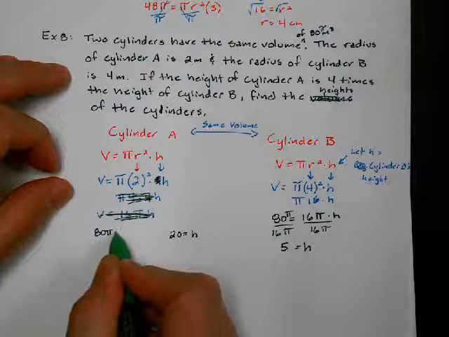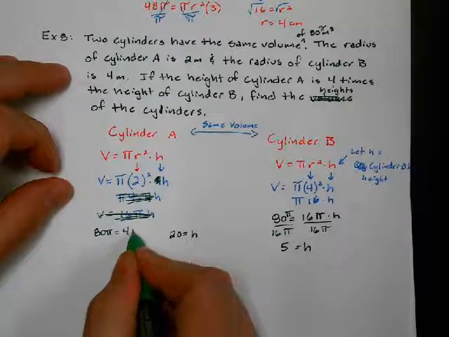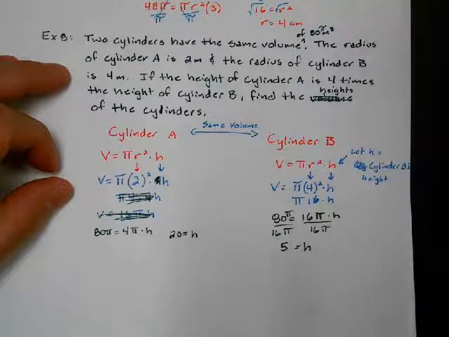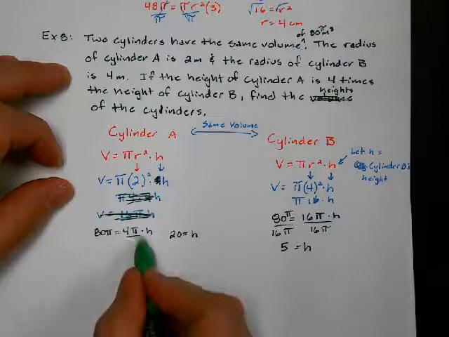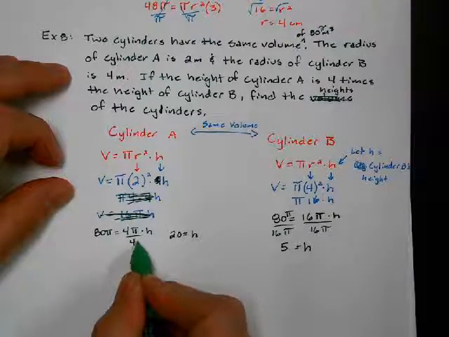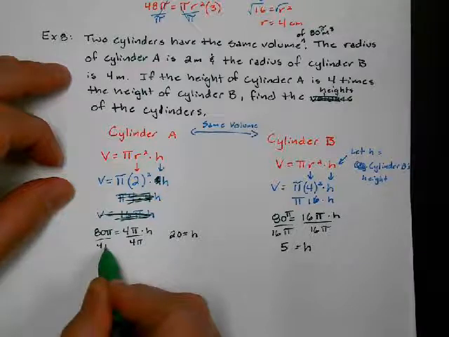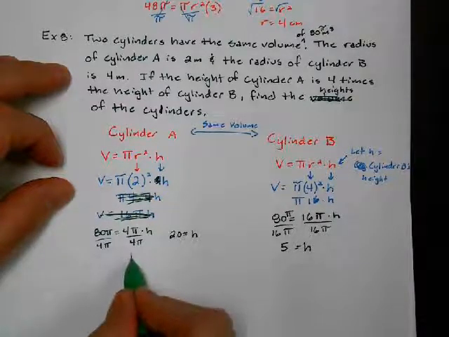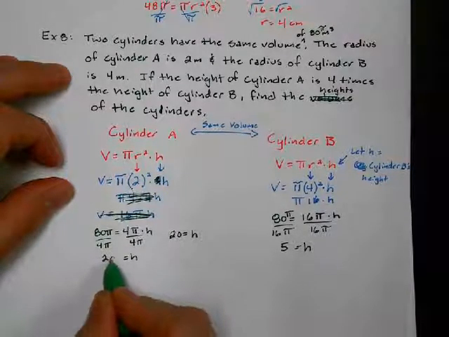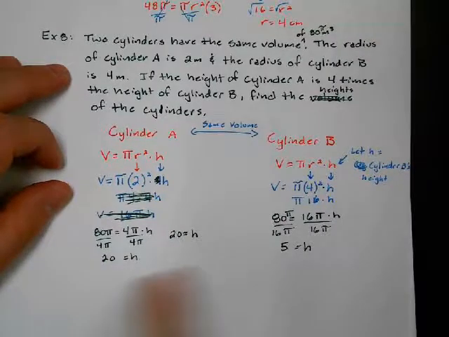And we'll divide both sides by 4 pi. So we get the height is equal to 20. And it does work. 20 is 4 times as much as 5. The end.